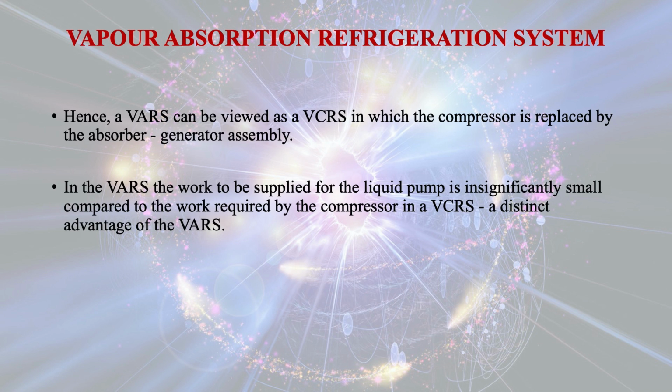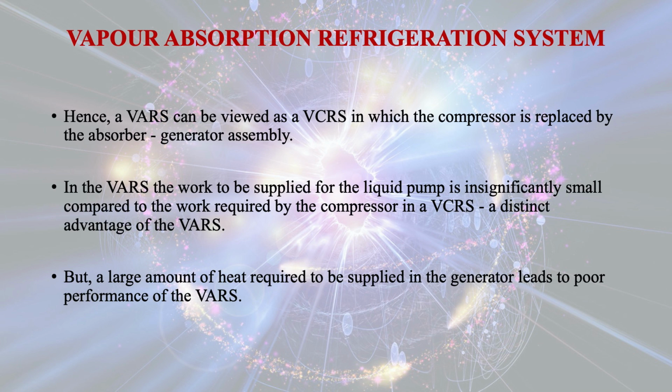A distinct advantage of the vapor absorption refrigeration system, but the large amount of heat required to be supplied in the generator leads to poor performance of the vapor absorption refrigeration system.